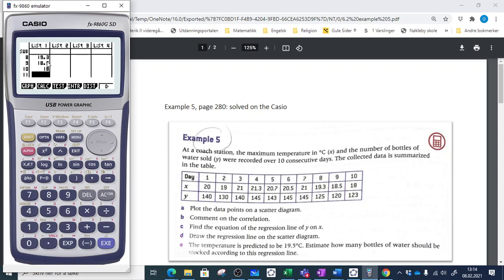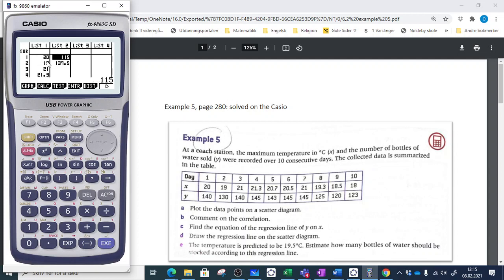Just check that you have 10 values. I mean, you have 10 points, right? So 10 x values.